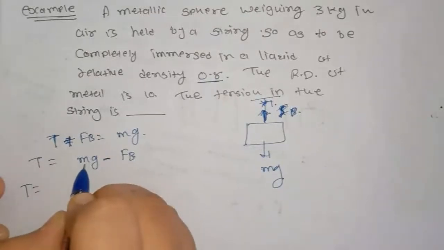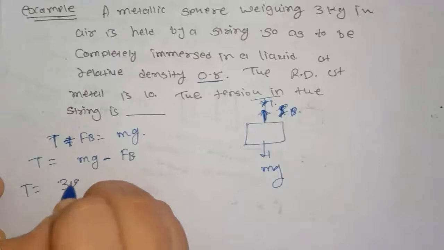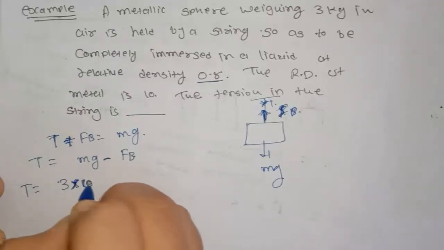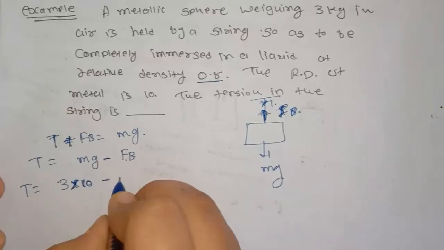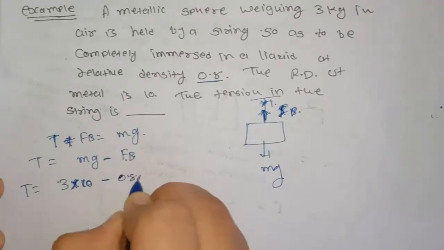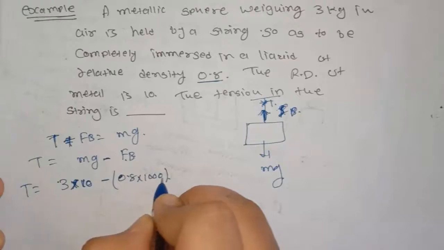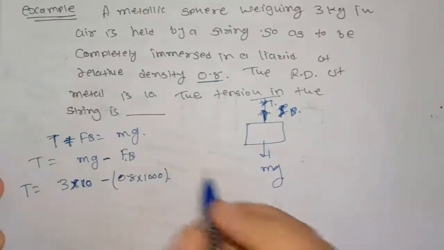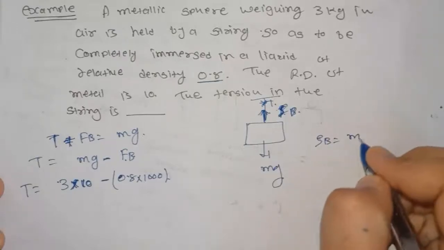Mass of the body is 3, so 3 into g, minus buoyant force, which will be density of liquid, that is 0.8 into 1000 kg per meter cube, into volume of body. Density of body is equal to mass upon volume.